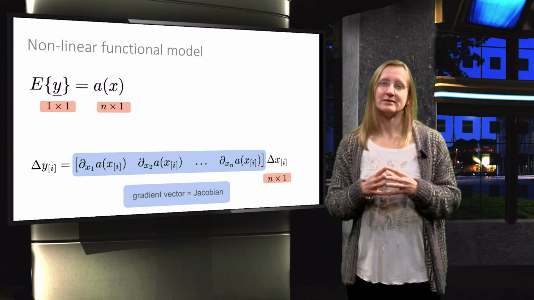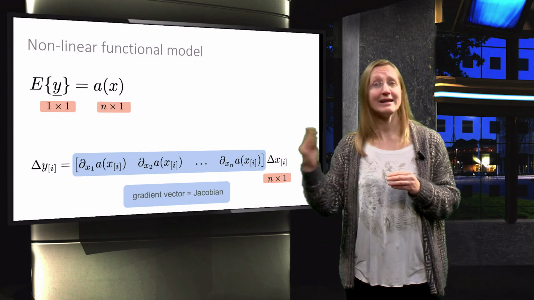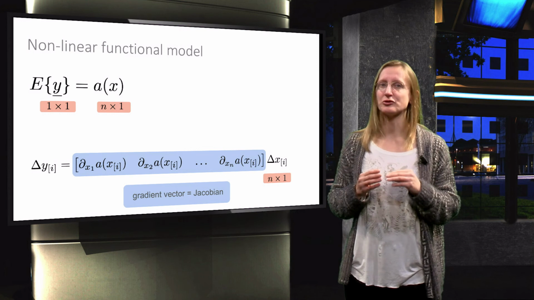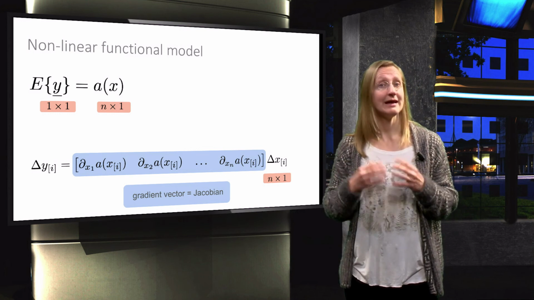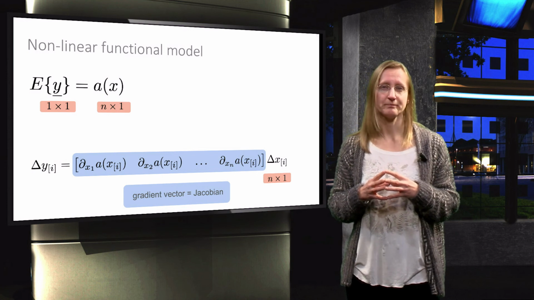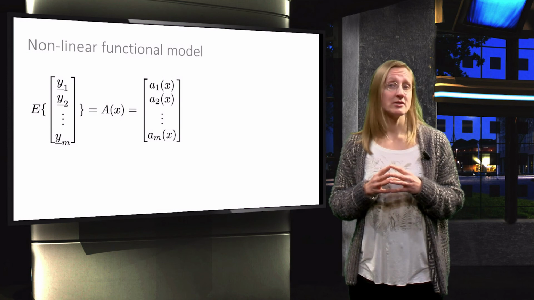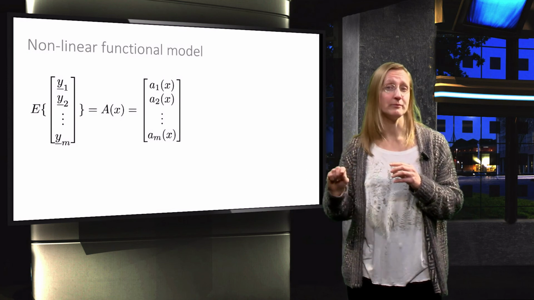The only problem in this case is that we have one observable and n unknowns. Therefore, it is time to get back to our original problem, where we have m functions in n unknown parameters. Similarly as on the previous slide, you can set up the linearized observation equations for each observable.